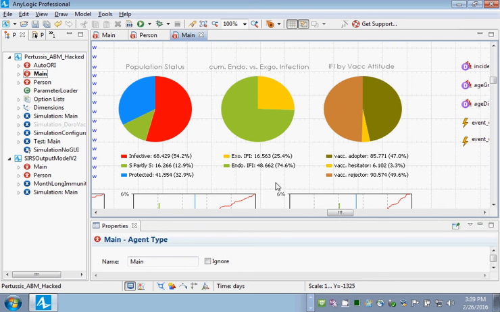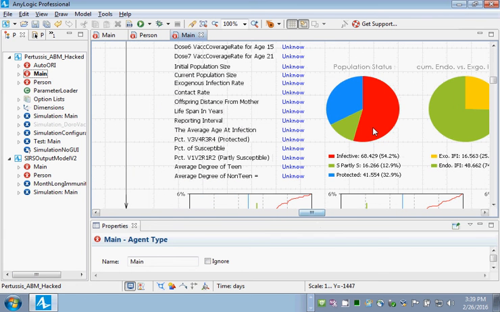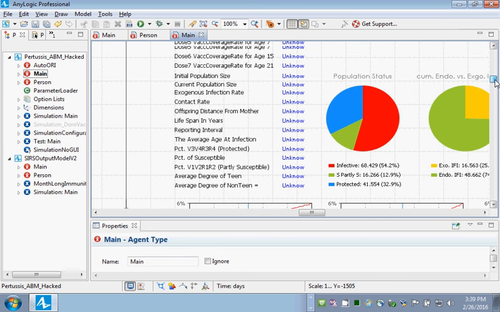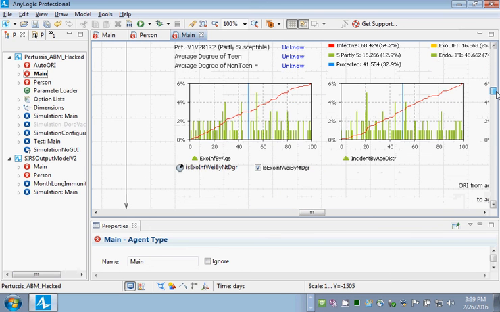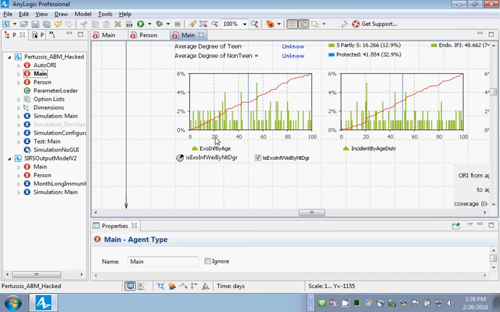And we have over here a variety of outputs that are textual in nature, reporting on things like the average age of infection, the lifespan in years, reporting interval, contact rate, initial population size. Basically, some of these are assumptions to use in the model, but a lot of them are outputs.